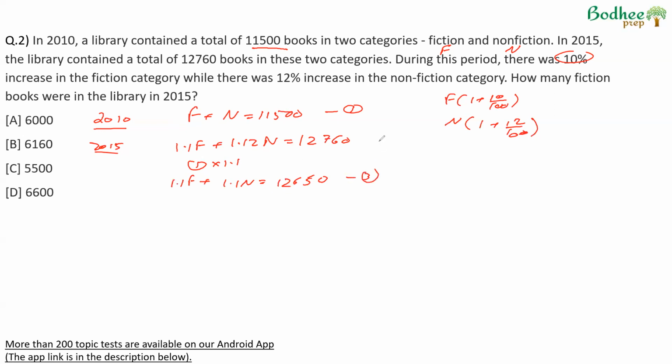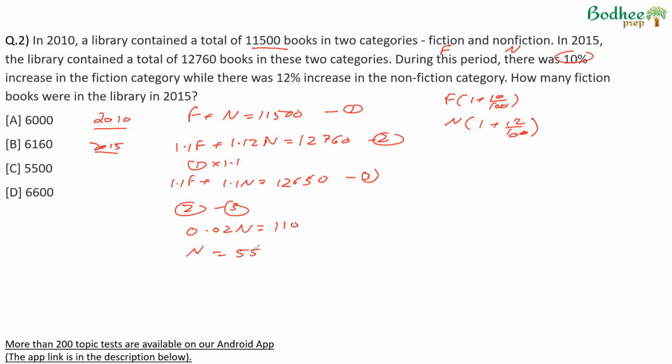Suppose this is equation 3, this is equation 2. Now what we do is we subtract equation 3 from equation 2. 1.1F, 1.1F cancel. 1.12N minus 1.1N will be 0.02N. This will be equal to 12760 minus 12650, which is 110. 110 multiplied by 50, since 50 into 0.02 will be 1.